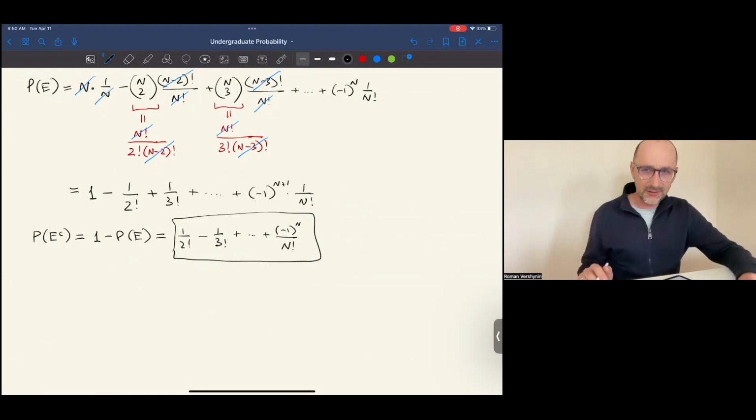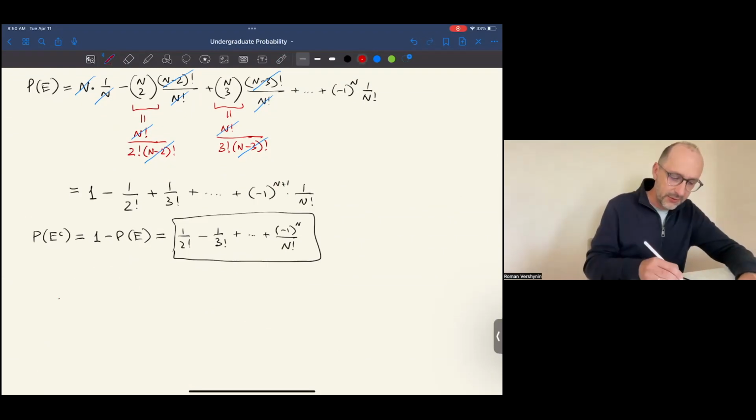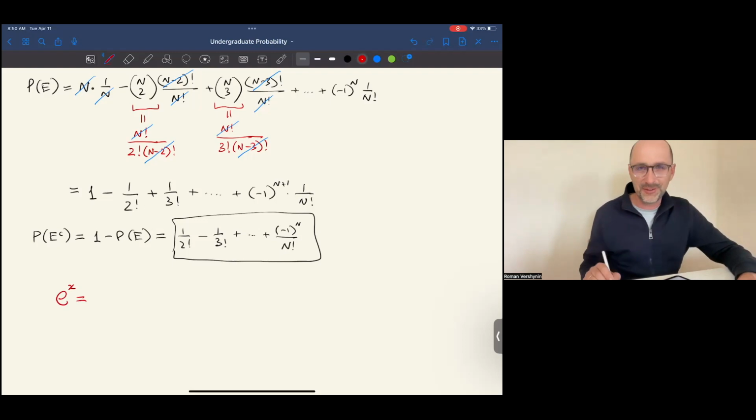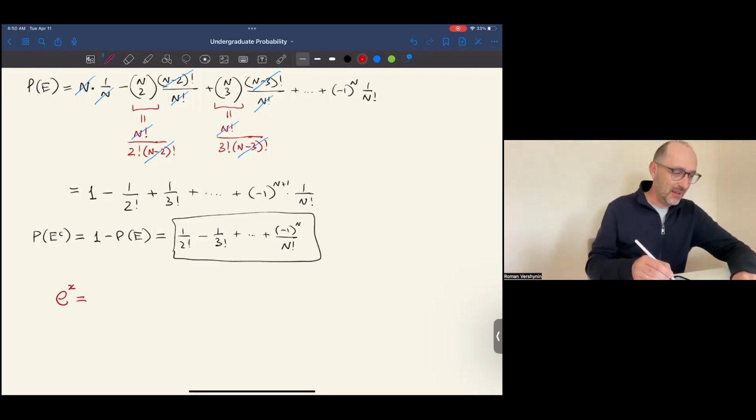You may recognize this partial sum. The Taylor series for the exponential function e to the x. That is the sum of x to the n divided by n!.